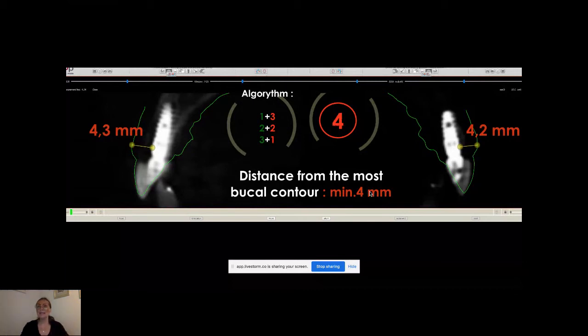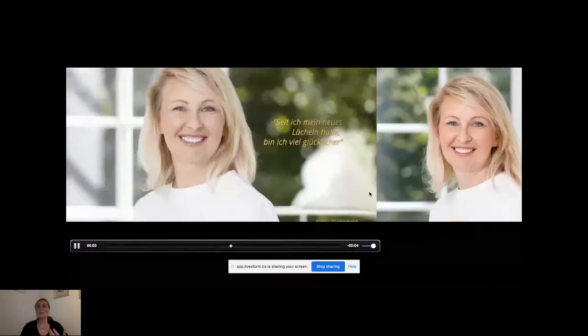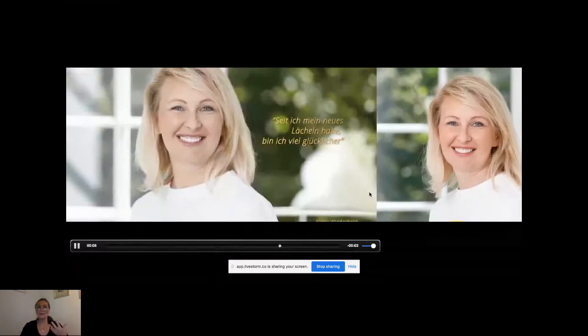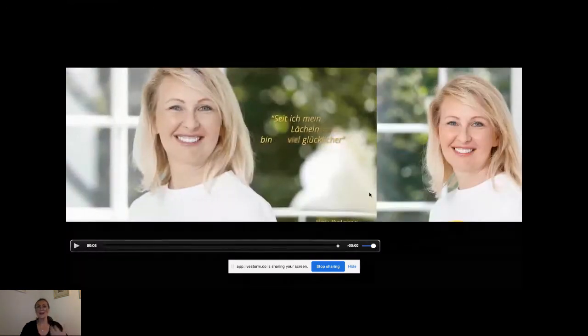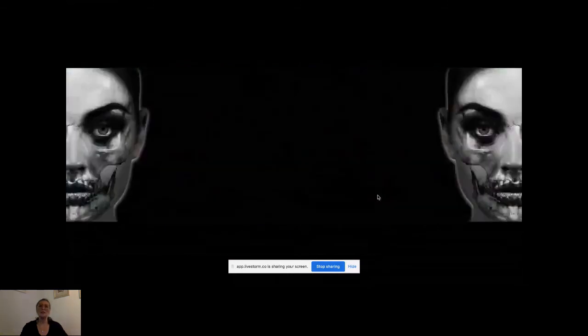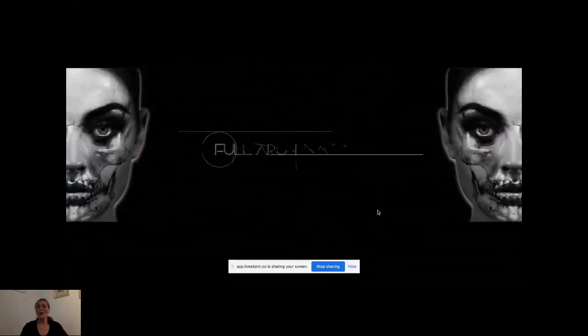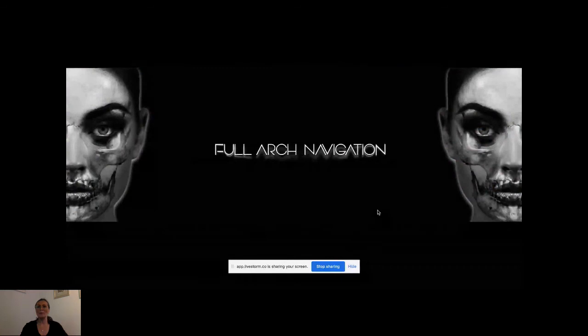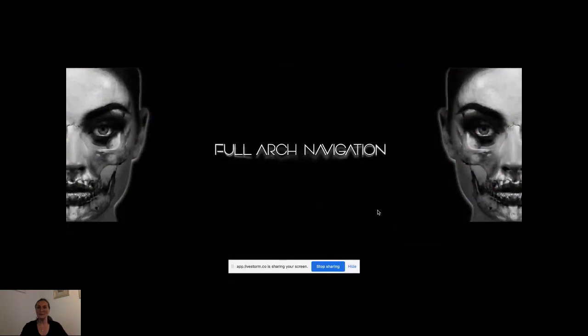So that was the beginning point where we said, yes, we have to plan to respect this algorithm in the full arch rehabilitation also and evaluate the aesthetic result. And this is the subject of an ongoing study, which will be published in a couple of weeks.